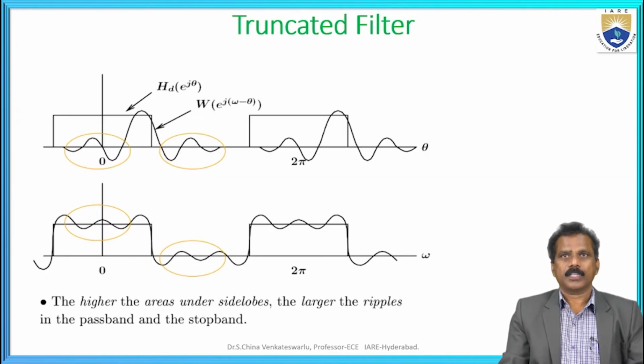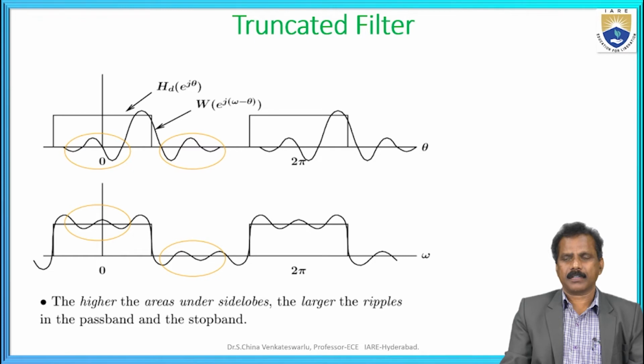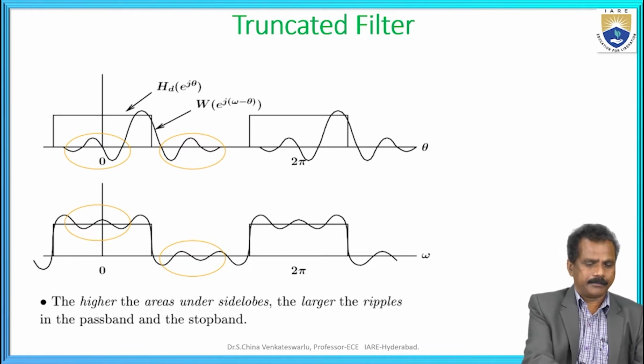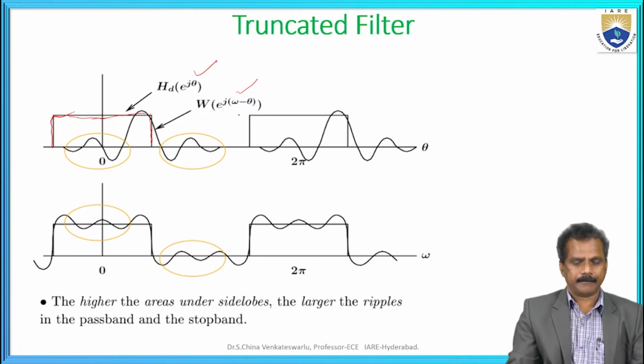Like the truncated filter, this is the desired frequency response, D of e power j omega. After applying this windowing, we expect W of e power j omega.